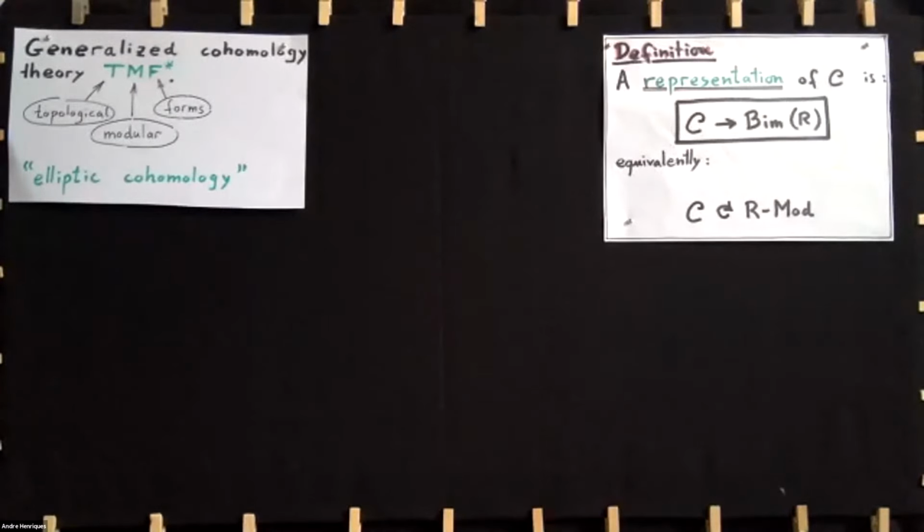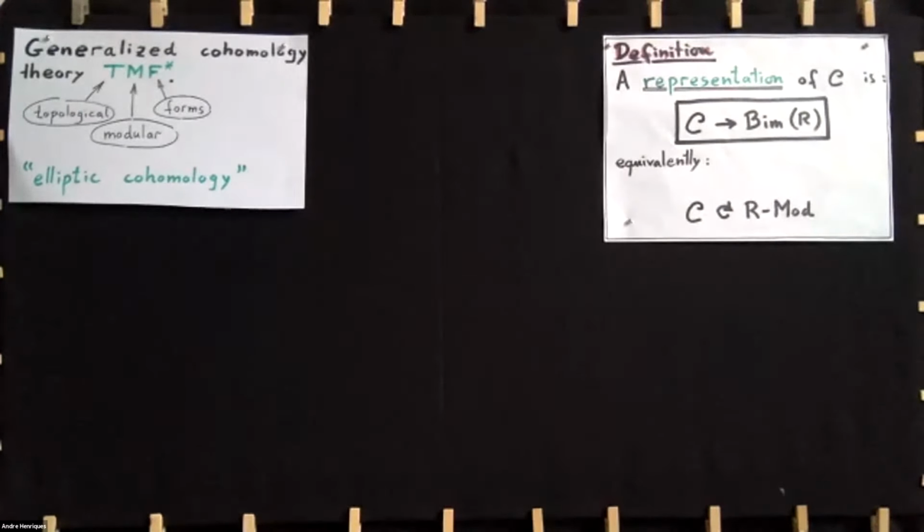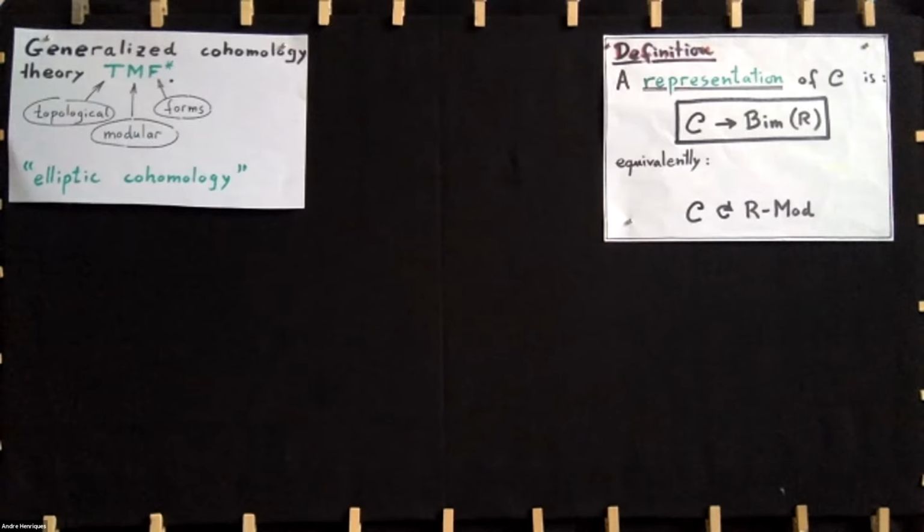Sometimes when I talk about it, I use the term elliptic cohomology, which is a less precise name, meaning there are many things that could be called elliptic cohomology, but there's only one thing that can be called TMF. This is a cohomology theory that was invented in the 90s by Mike Hopkins and Haynes Miller.